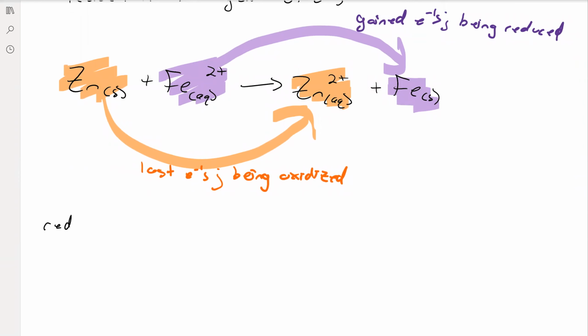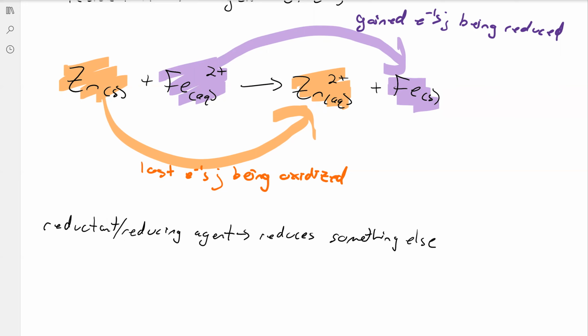For example, a reductant or a reducing agent: instead of talking about what is going on with that atom, we're talking about what it's doing to something else. So a reductant or a reducing atom reduces something else, and so it gives up its electrons to something else, and it itself is oxidized.